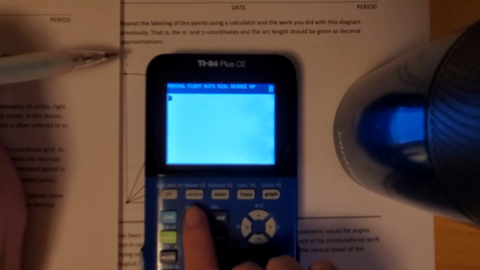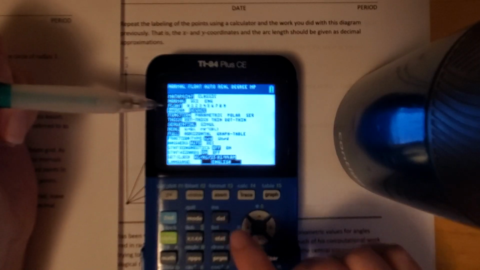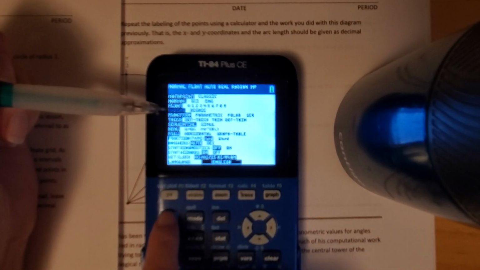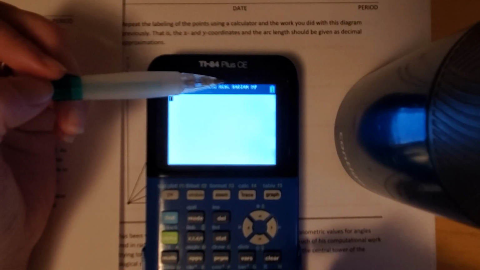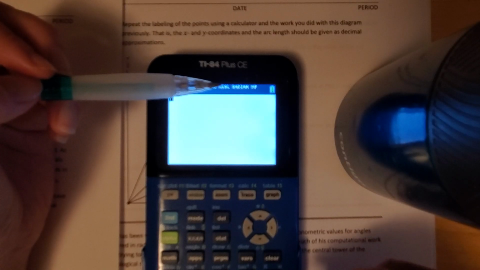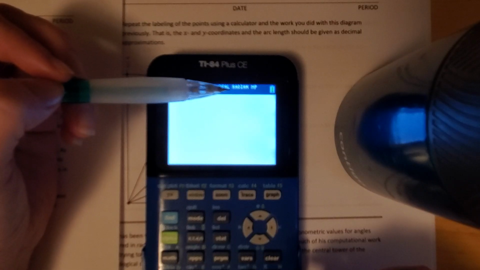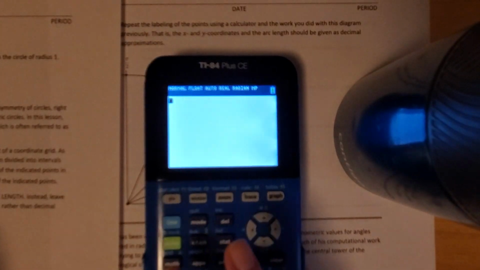So if you go under mode and go down to where you have radians and degrees, highlight radians and hit enter, it turns it to radians. When you go second and quit, it now says radians. So make sure if you're working with problems where it's giving you degrees, this says degrees. If it's giving you radians, which is what we're going to work with more, make sure this says radians.